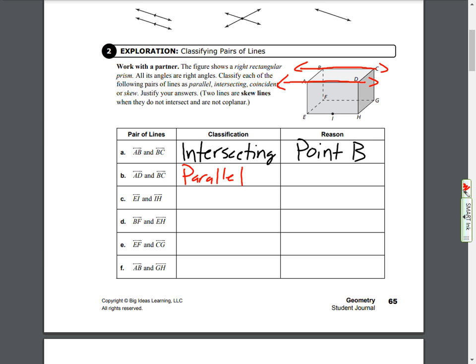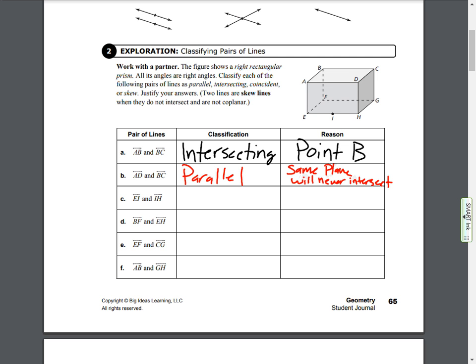It says right here, all angles are right angles. So those two lines are definitely parallel, they'll never intersect. Reason: same plane and will never intersect. Perfect.